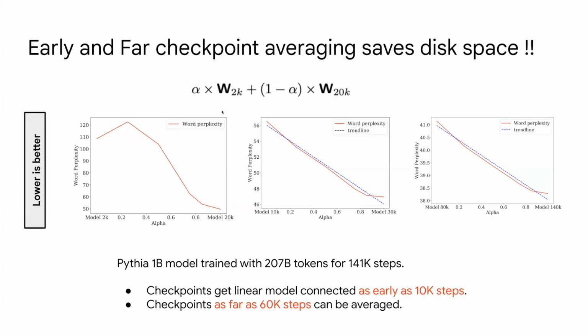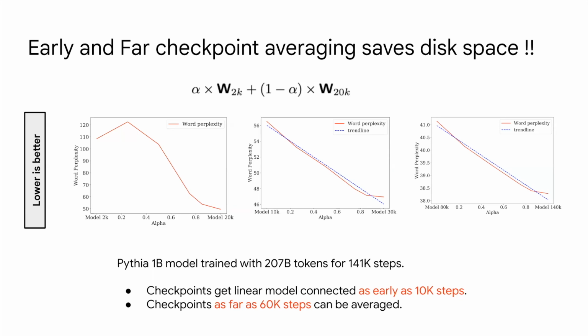By linear mode connectivity, I mean this form of alpha multiplied by the weight plus 1 minus alpha multiplied by some weight which is steps apart, say 10K steps apart or 20K steps apart. If we linearly interpolate these models, we see that they become linear mode connected quite early, and then this model remains linear mode connected as far as 60K steps, which typically means we can average these far away checkpoints.